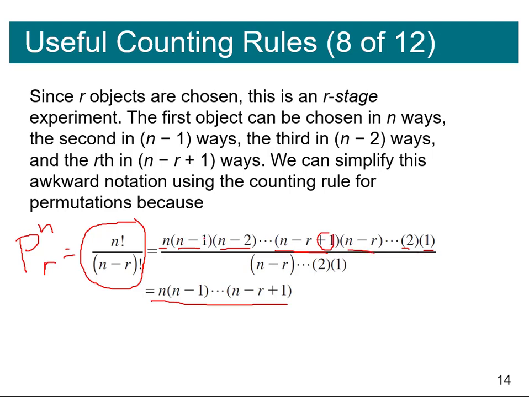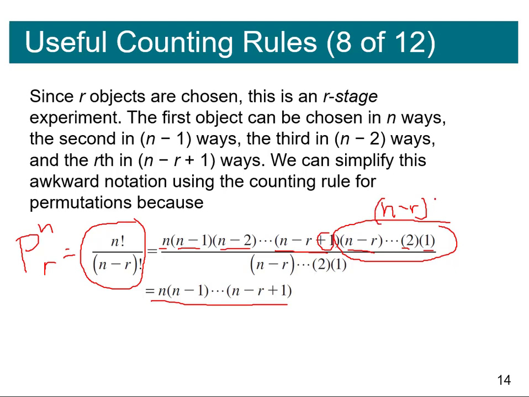So we have the top can be written like this, and the bottom is n minus r factorial. But here is actually n minus r factorial also.